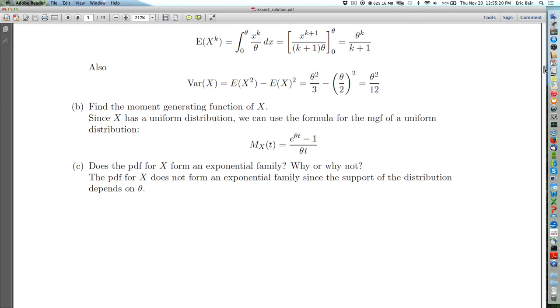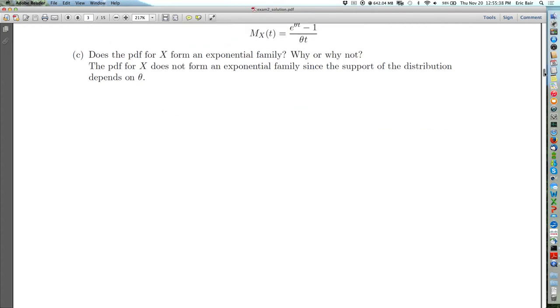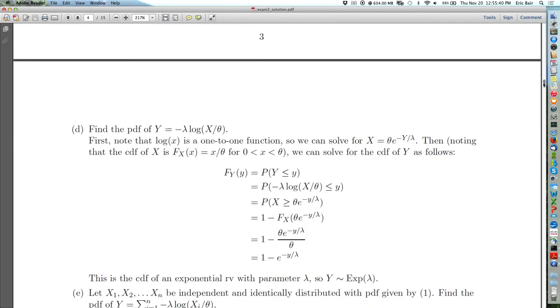It's just one distribution. But this is, in fact, a family. It's a family parameterized by theta, so there's a bunch of different possible distributions here that depend on the value of theta. The thing that makes it not an exponential family is the fact that the support depends on theta, and there were only a couple people who got that.